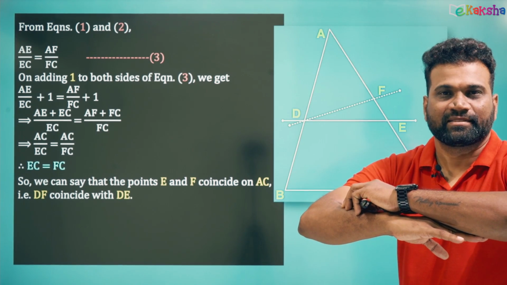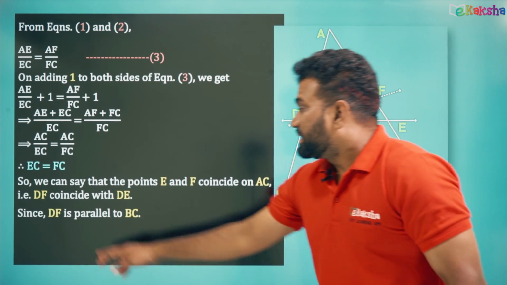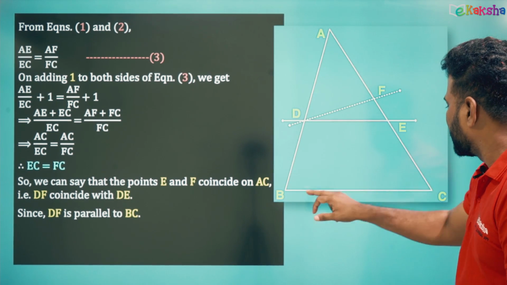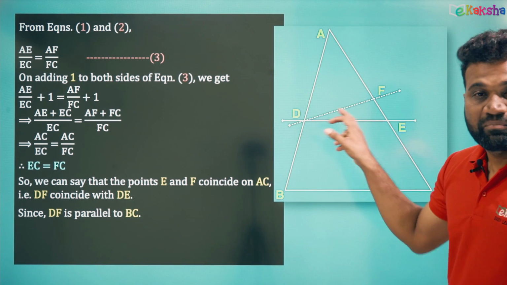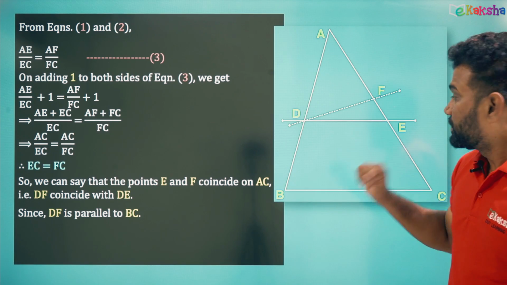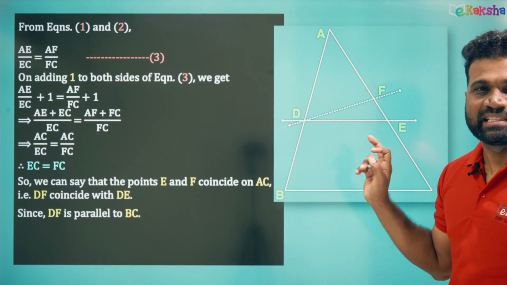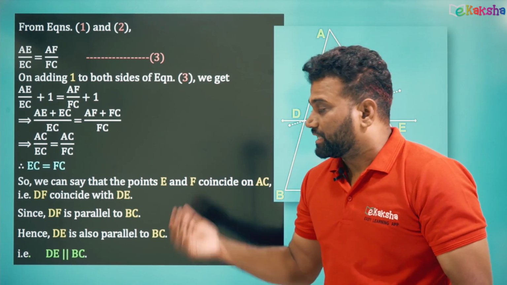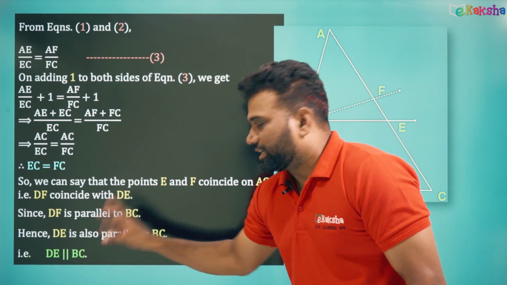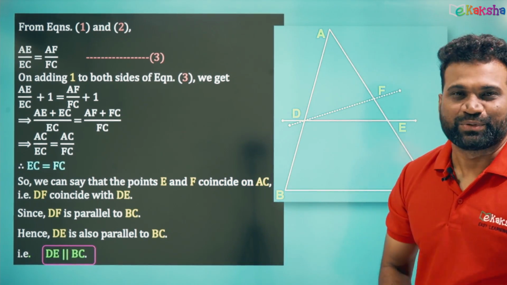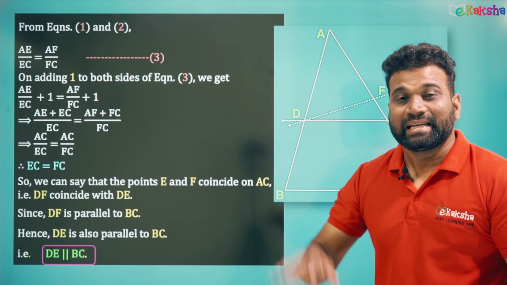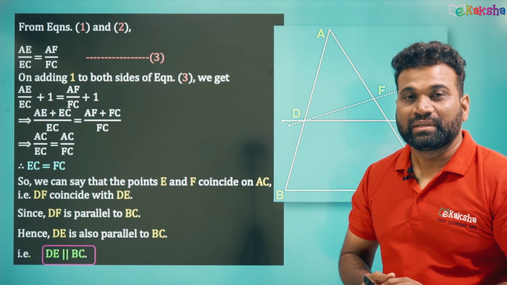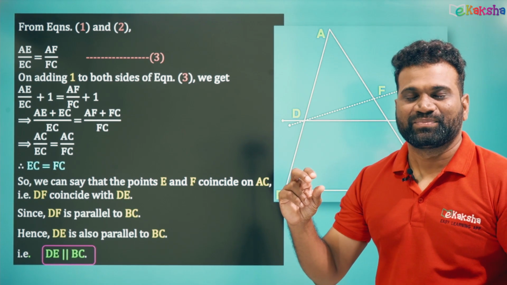Since DF is parallel to BC, which we already know because we took DF parallel to BC, and these two lines coincide, DE is also parallel to BC. So hence DE is parallel to BC. That is what we need to prove. DE parallel to BC, hence proved. So we can say in a triangle, if a line divides the other two sides in the same ratio, then the line is parallel to the third side.